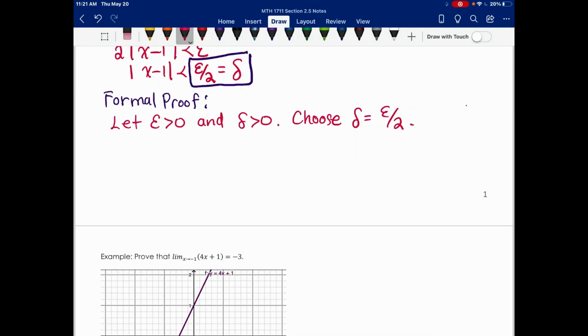Then the next step, we're going to say assume that the absolute value of x minus 1 is less than delta. Because remember, this epsilon delta proof is basically an if-then statement. We're going to assume the if and show that the then part happens. If this happens, then this happens. So we have to assume the first part happens to show that the second part happens.